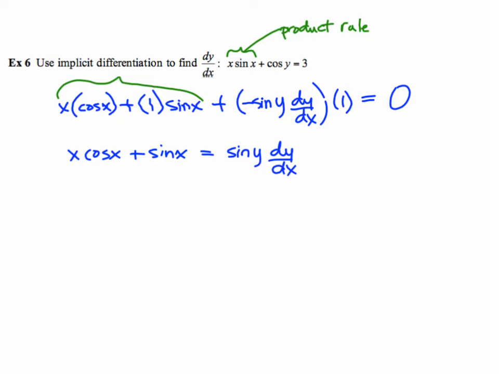So in order to isolate dy dx, I need to divide both sides of the equation by sine y. So my final answer is x cosine x plus sine x divided by sine y, and that equals dy dx. And nothing on the left-hand side simplifies, so this is my final answer.